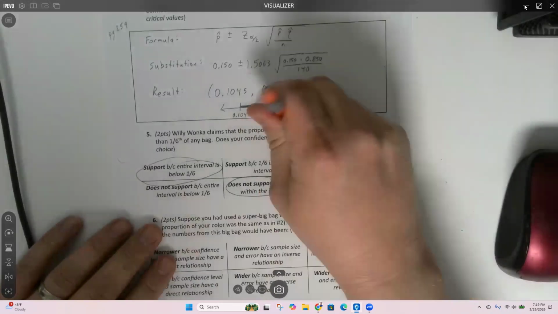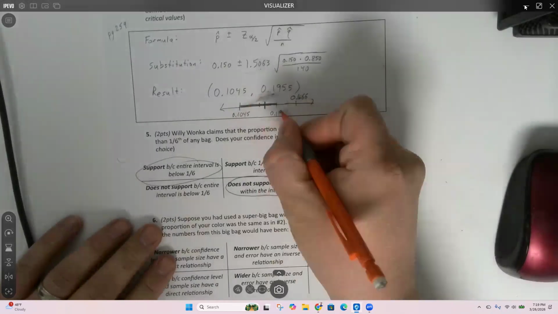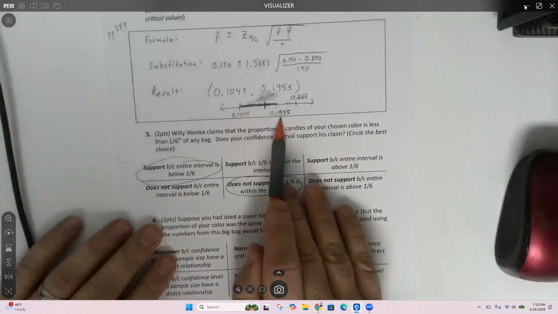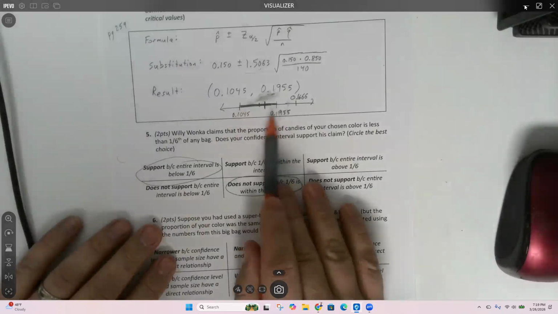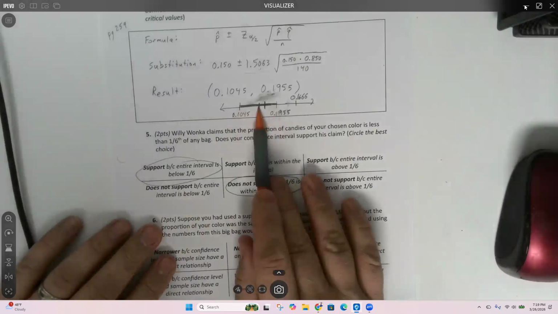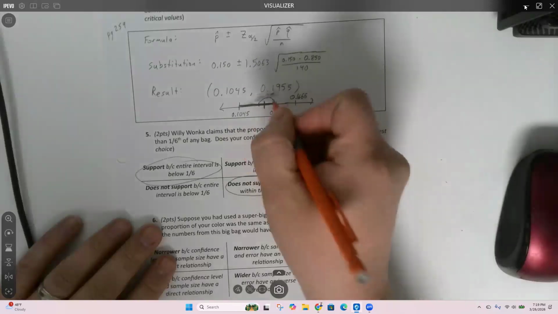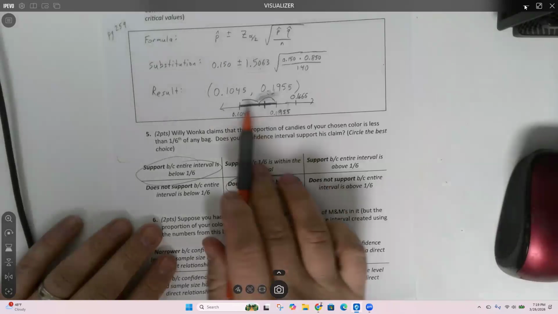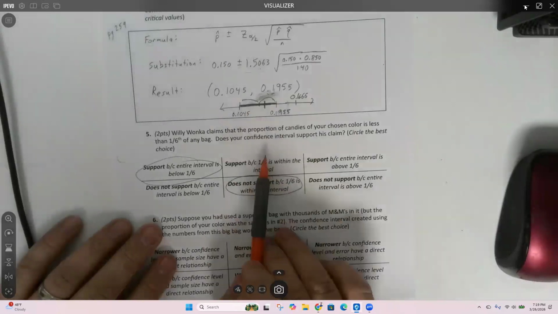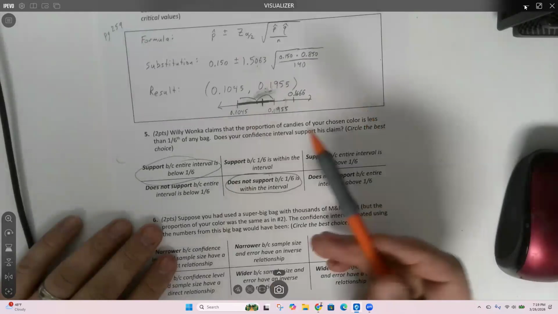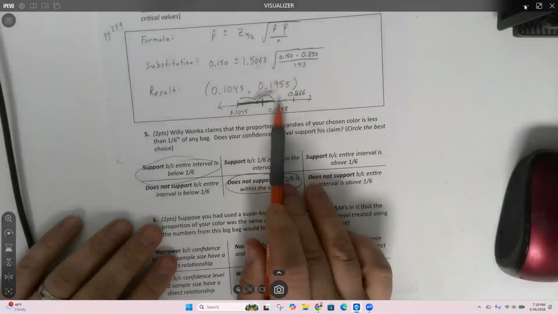My confidence interval is very wide. My confidence interval goes from 10% to 19%. That's a 9% distance. Half of that is 4.5. That means I have a margin of error of 4.5 this way and 4.5 this way. That's a pretty big margin of error. Okay. And it's because my sample size is so small that my error is so big.